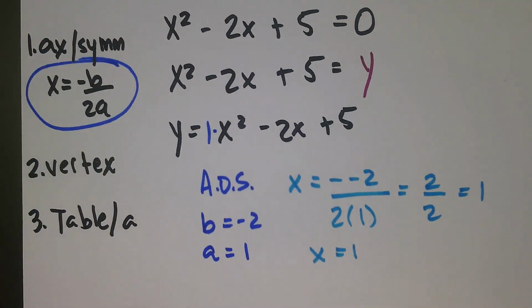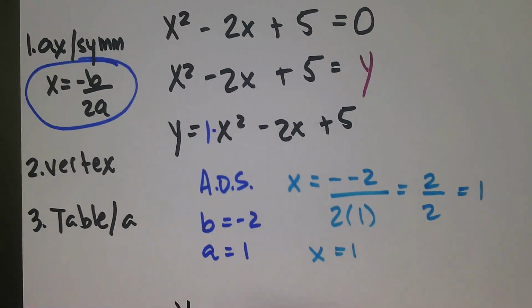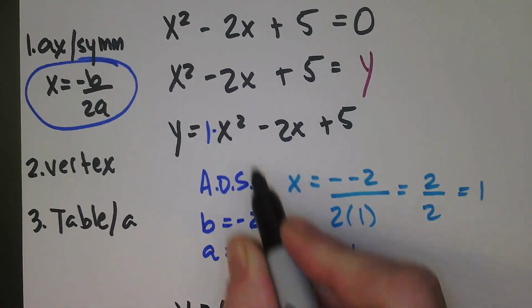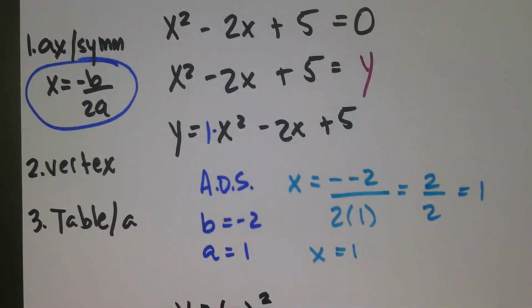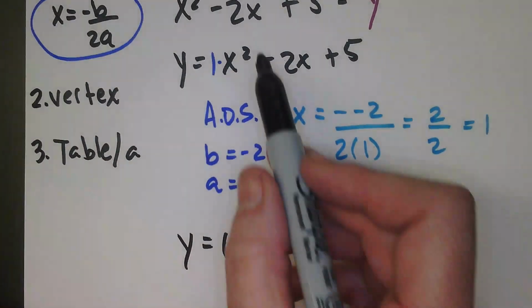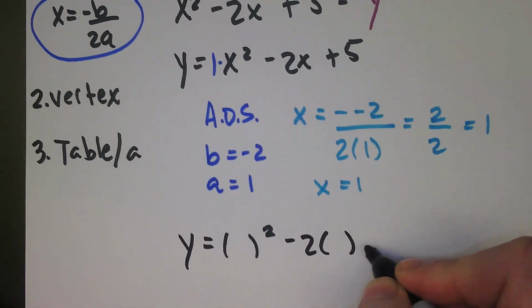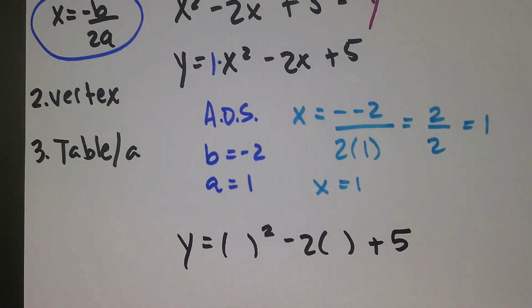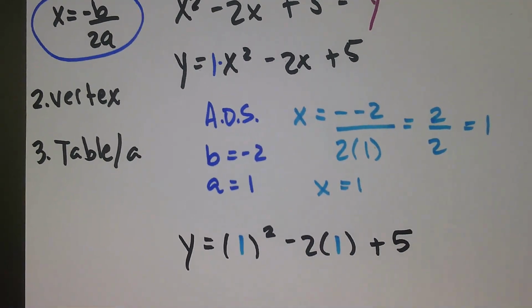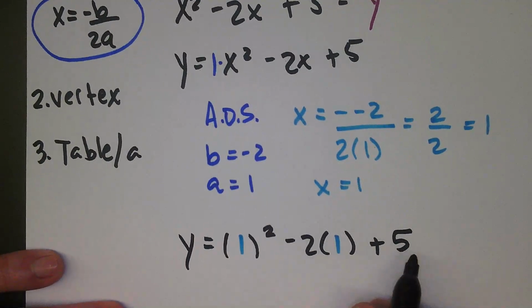Then from there, I'm going to want to find my vertex. So I'm going to do y equals that x value squared, because it's x squared. There's a 1 there, I'm not putting the 1, right? x squared minus 2 times 1 plus 5. So this x equals 1, the axis of symmetry, is going to get plugged in there. So do I have 1 minus 2 plus 5?